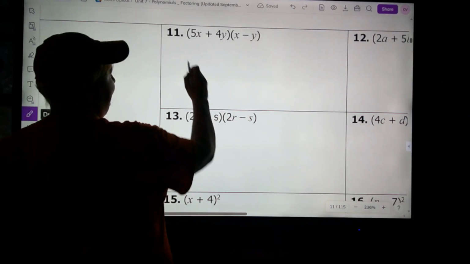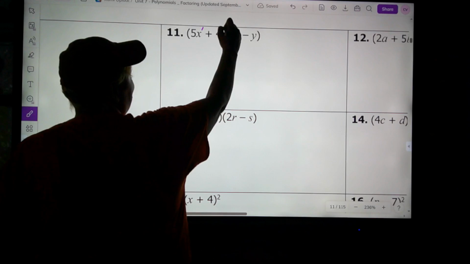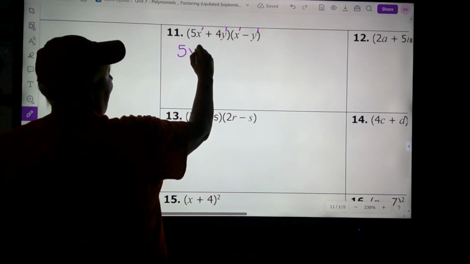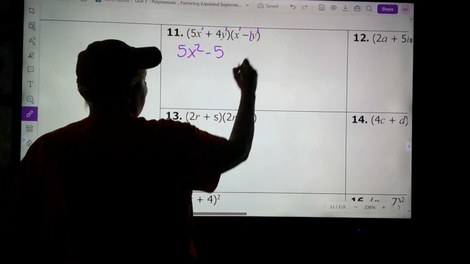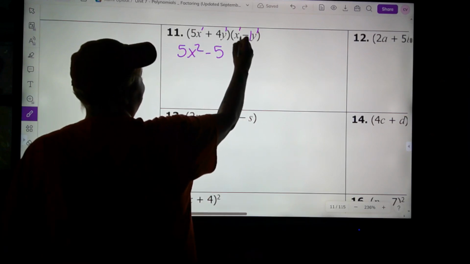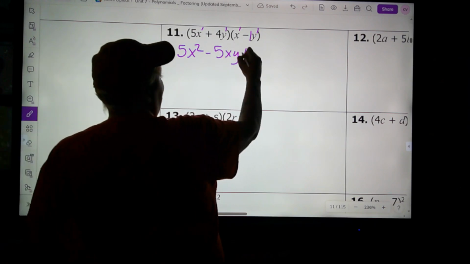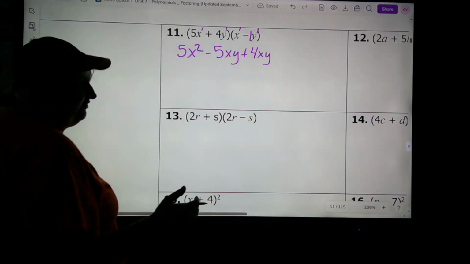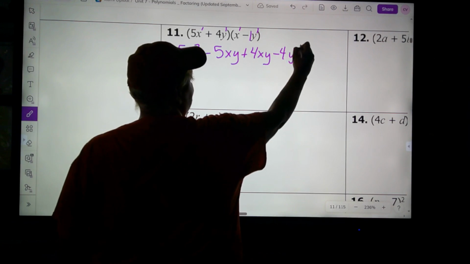Be careful when they start mixing your variables. Remember, be careful. Invisible, invisible, invisible, invisible. 5x squared minus 5, invisible, xy plus 4xy, remember, alphabetical, right, minus 4y squared.